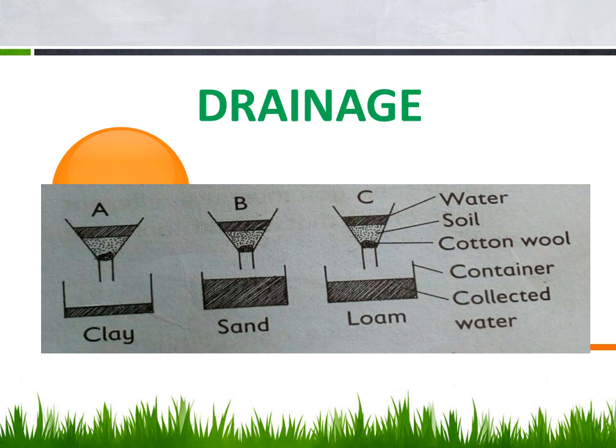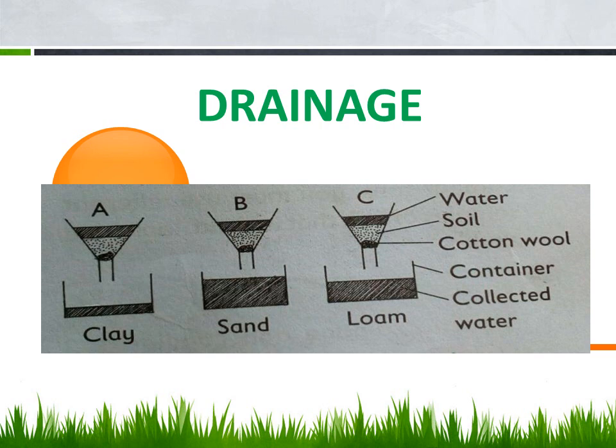Pupils, the ability of soil to hold water is usually improved by adding organic matter or humus present in the soil. Pupils, soils with poor drainage, such as clay soil, are usually waterlogged.